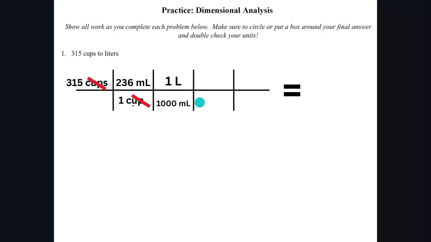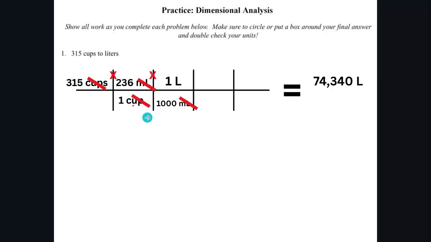Now my milliliters cancel out. I'm at liters. That's where I'm trying to get to. And so now I can multiply everything across the top. 315 times 236 times 1 gives me 74,340, and we're left with the unit liters.